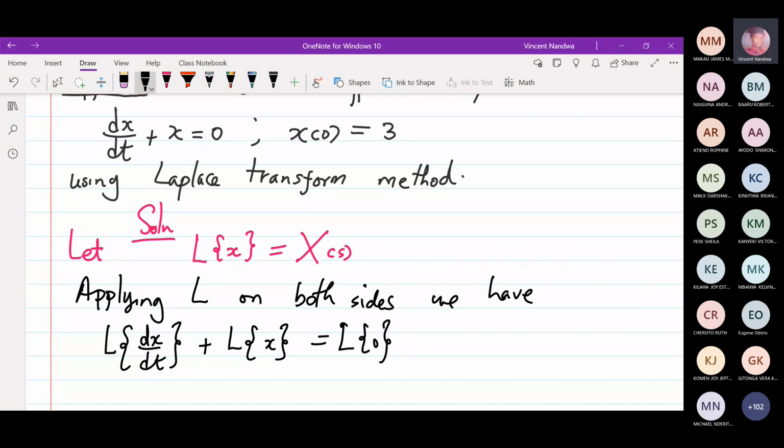And remember, earlier on we gave the formulas for Laplace transform of derivatives. So how would you express Laplace transform of derivative dx dt in terms of capital X?